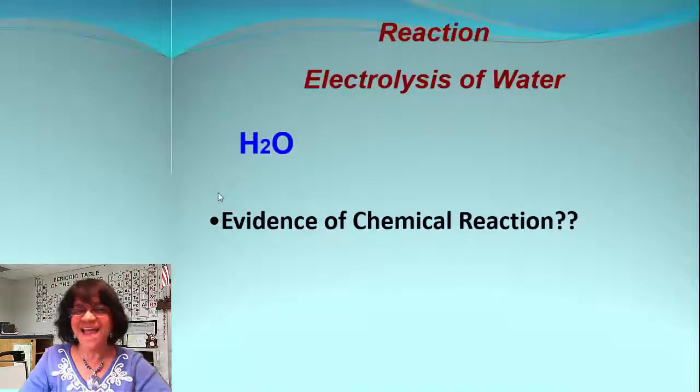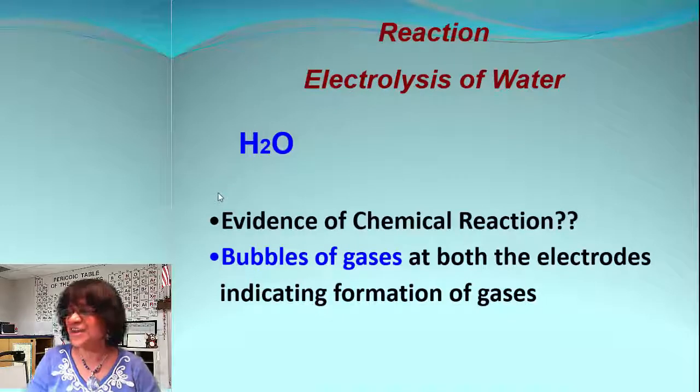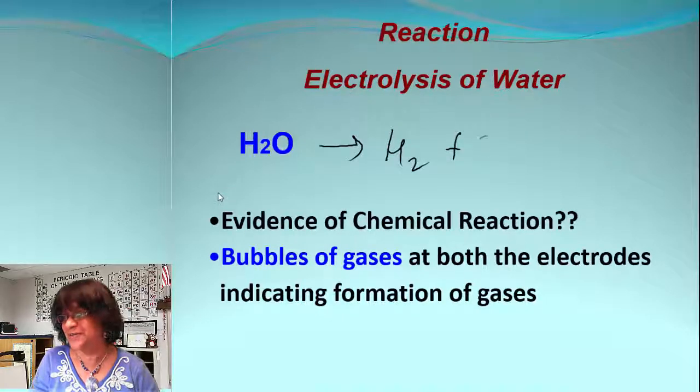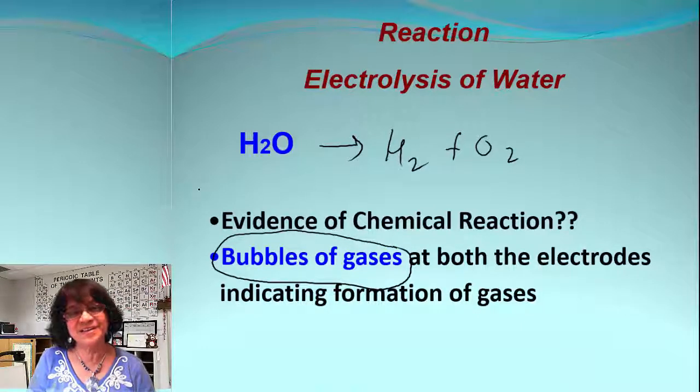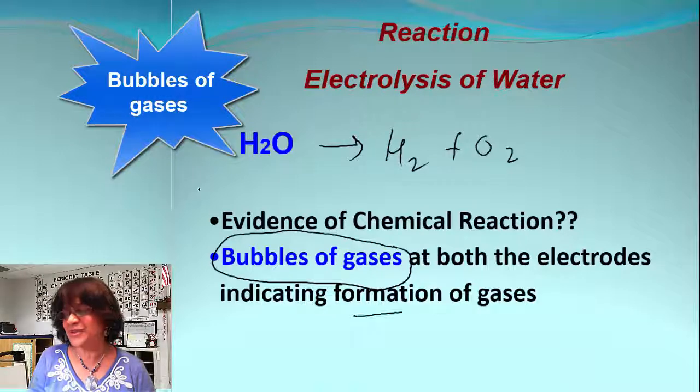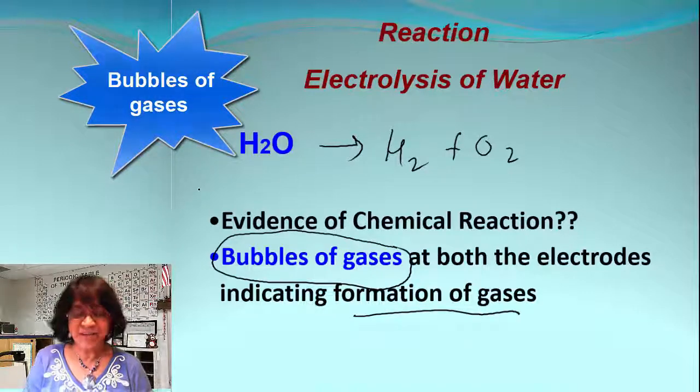Those are hydrogen and oxygen. So that is a reaction, H2O turning into H2 and O2. What was the main indication that a chemical reaction took place? We saw bubbles of gases, which means there was new formation of gases.